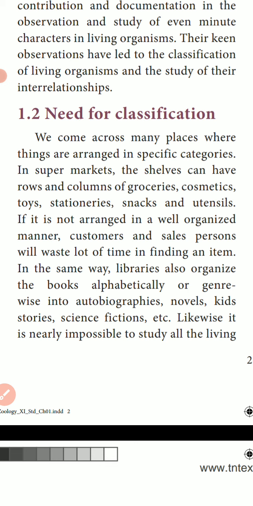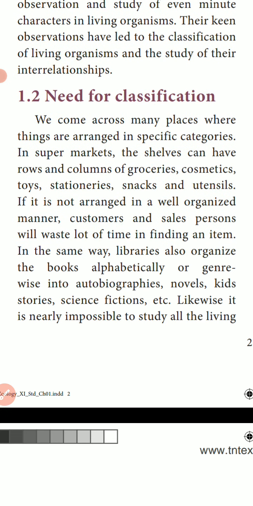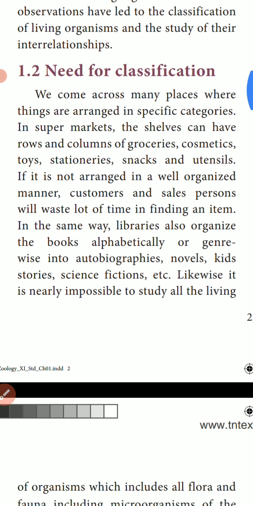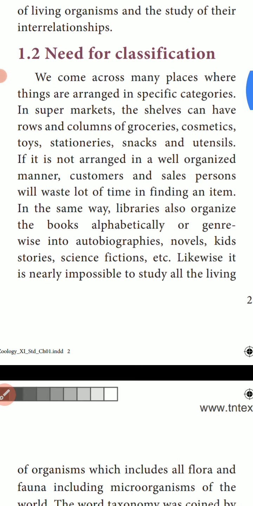Utensils means toilet articles, the things which are used for toilet purposes. You already studied this in 10th standard. If it is not arranged in a well organized manner, the customer and salespersons will waste a lot of time in finding an item.